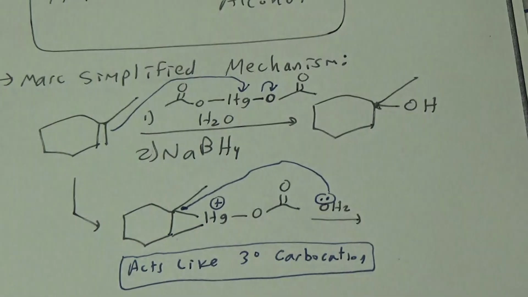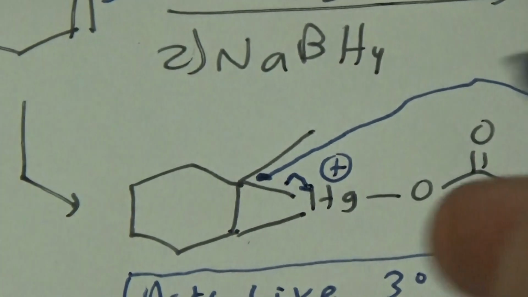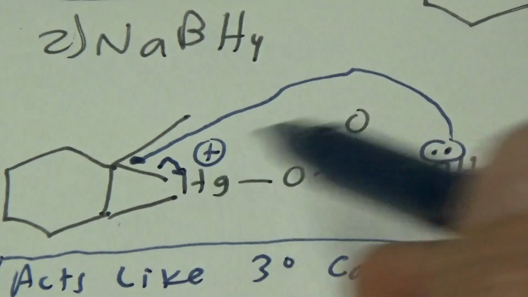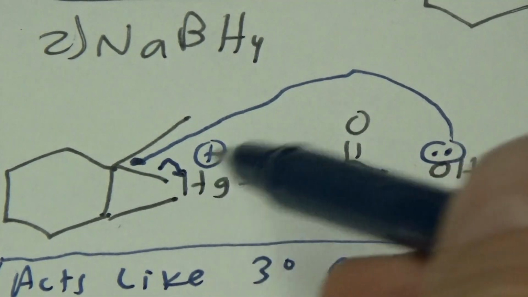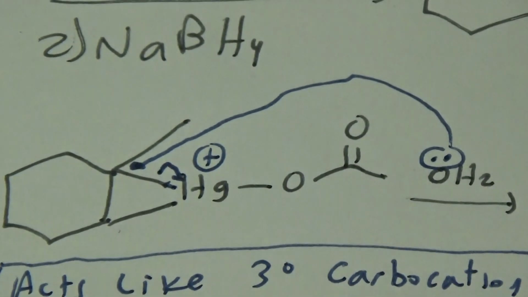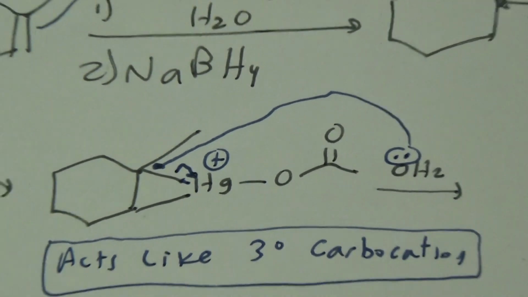Kind of zoom in there a little bit. So it attacks there. The bond goes onto mercury. Alright, so it's two arrows, right? Water attacks the tertiary position, and the bond breaks onto mercury. I should probably draw it larger, but I'll leave it like this. Alright, so arrow 1, arrow 2. So it breaks onto mercury.